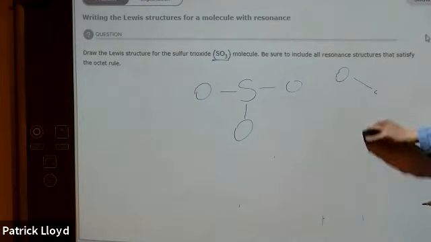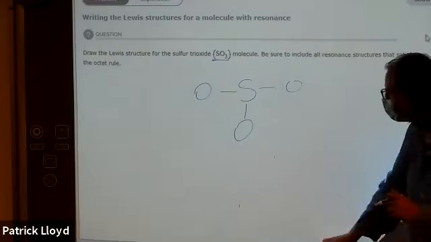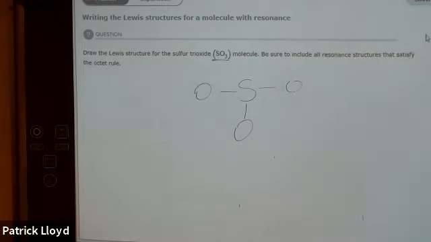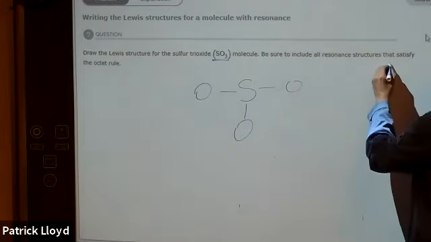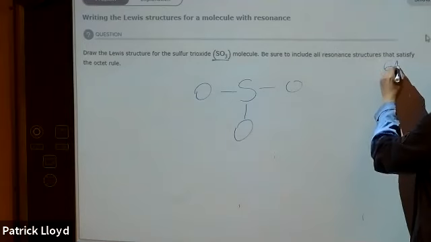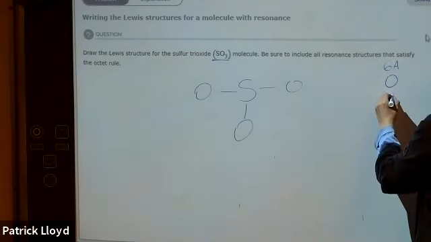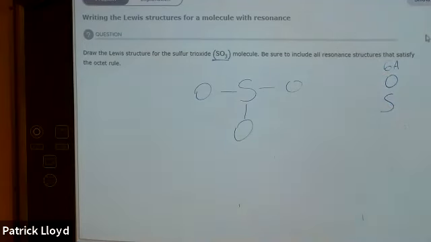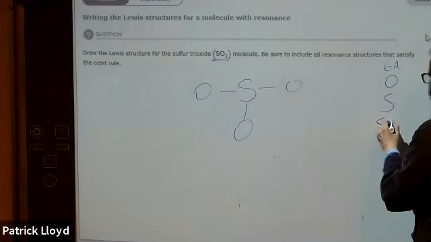Okay, so now let's count up valence electrons. Sulfur is right underneath oxygen. So oxygen is in group 6A, and so is sulfur. Actually, sulfur in some ways has similarities to oxygen because it's in the same family. Selenium is right underneath it.